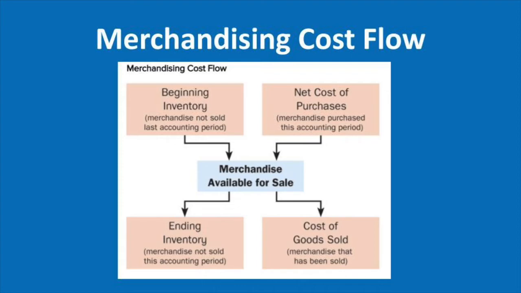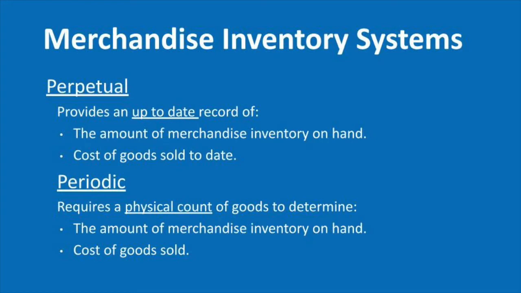That fills up the shelves. So there's stuff at the beginning of the period already there. There's stuff during the period that's brought in and added to the shelf. That is sold or taken away from the shelves. So you can imagine it coming off the shelves. That's considered as cost of goods sold. And whatever's left on the shelf at the end of the period would be considered as our ending inventory.